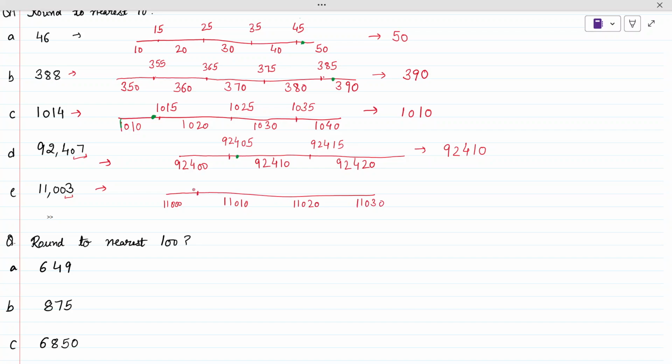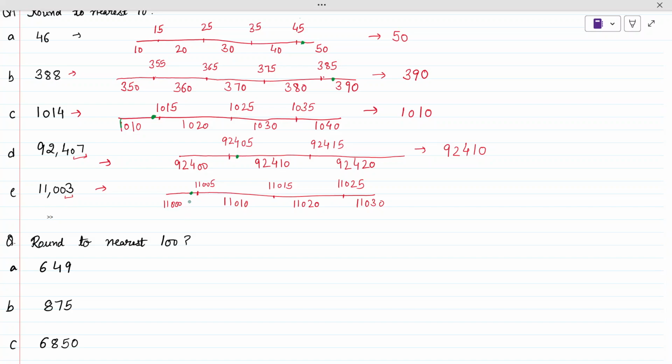Now let me mark the midpoints. So the midpoints will be 11,005, 11,015 and 11,025, right? Now we are provided with the number 11,003. So it will be somewhere here.